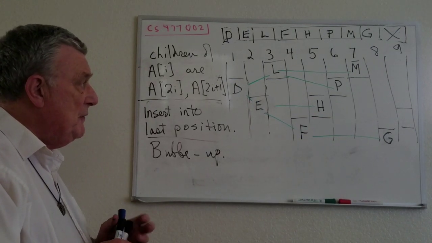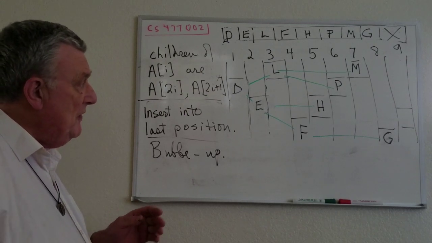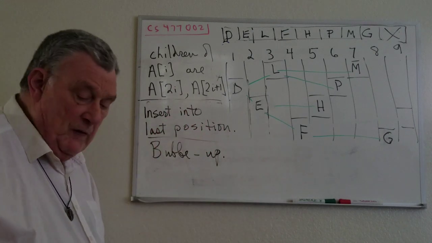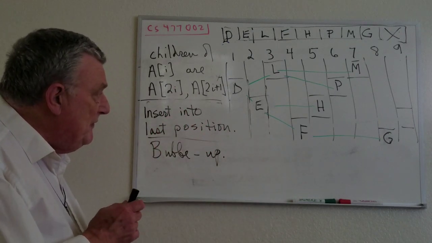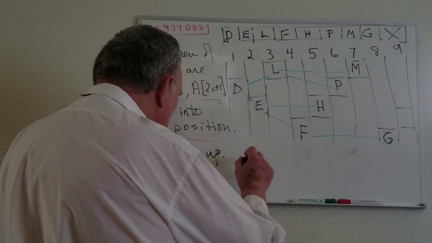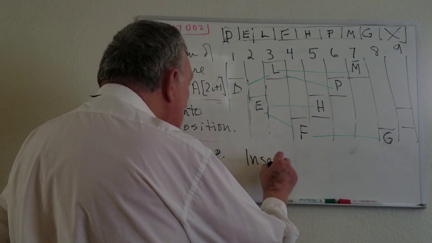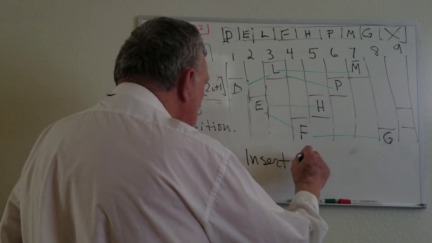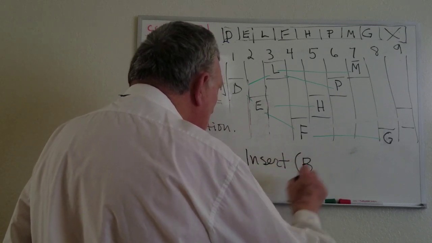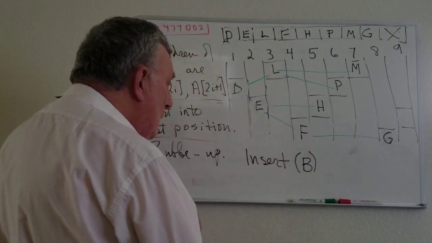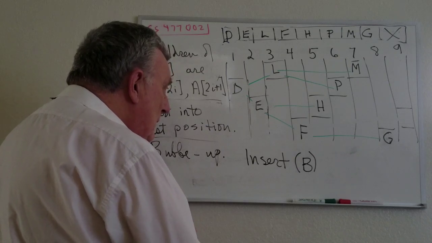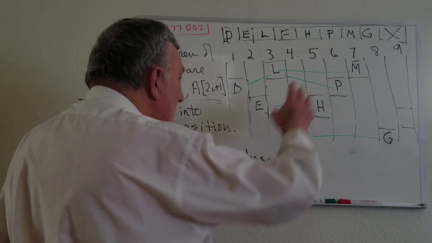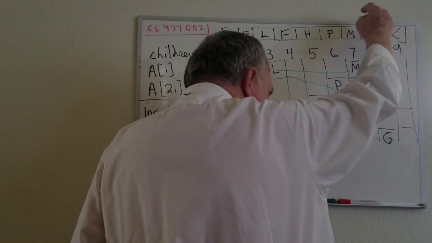Now we'll consider how to insert into a min-heap. We'll start with the min-heap we had after the last deletion. There are now only 8 elements. And suppose we want to insert B. Now, we're allowed to put a new item in only one place because the array has to be extended contiguously that way.